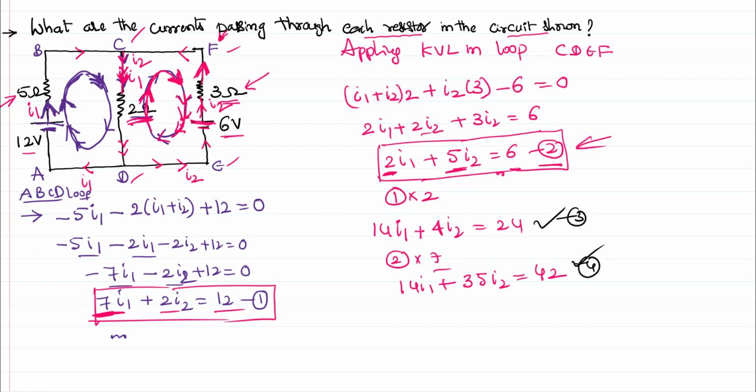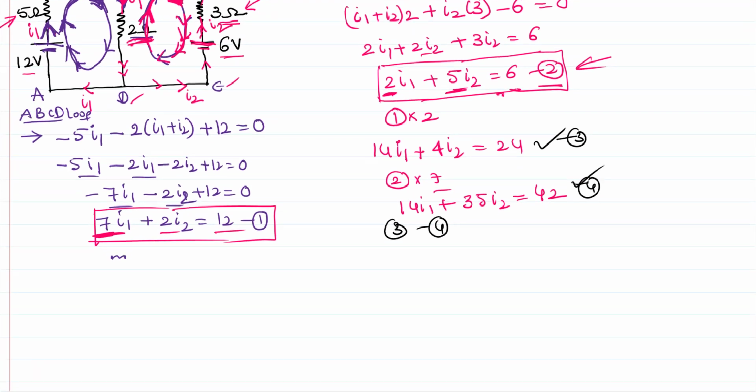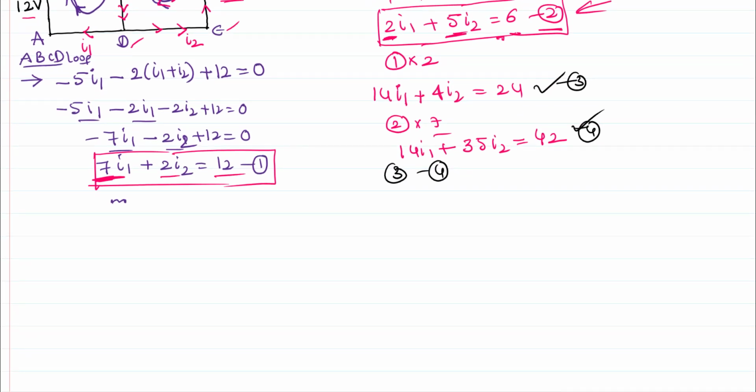I can say now 3 minus 4. What happens if you make 3 minus 4? Let us try to do that. I am just moving the page a little forward so that you will be able to see. Equation number 3 is 14I1 plus 4I2 equal to 24, and the next equation is 14I1 plus 35I2 equal to 42.